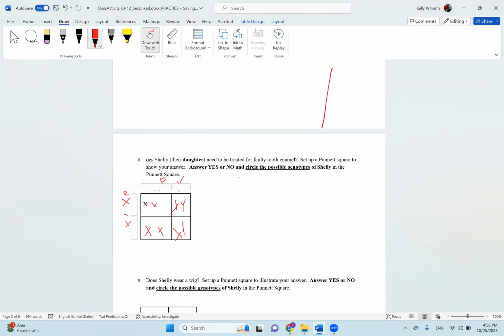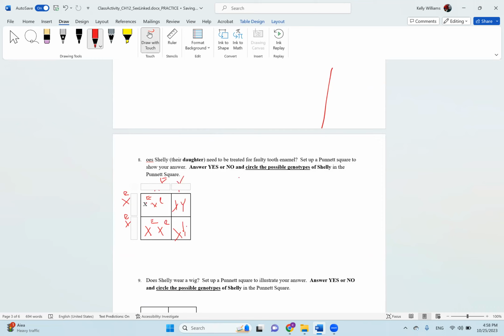Okay, so now we're just going to fill the rest of the table in. So mom's going to give a little e, dad's going to give a big E. So I'm going to have the big E here, or the capital E, and then the little e. Mom's going to give another little e and dad's going to give the only thing he can, which is a big E. Okay.